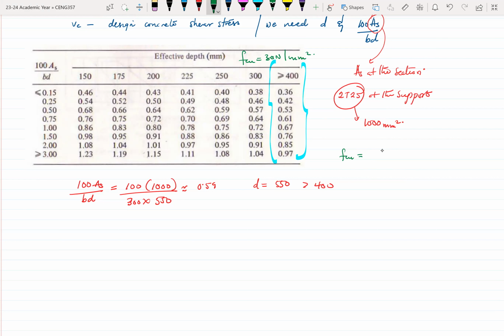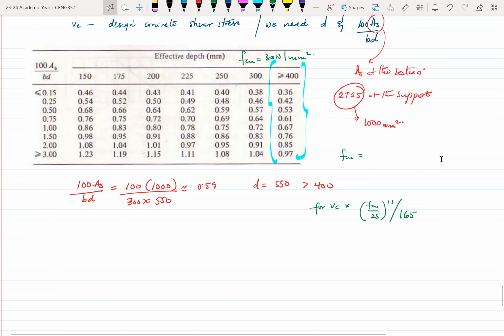Whatever you find for VC, you multiply that by FCU over 25 to the power of a third, I think. Let me cross-check that briefly.